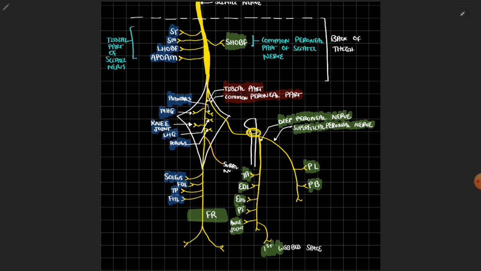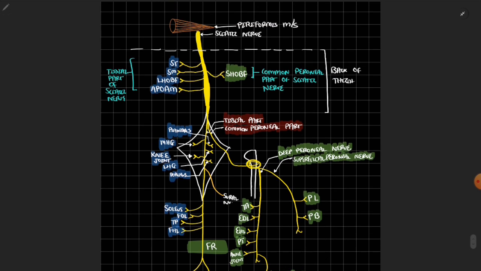So this was the diagram I was going to share, and now a summary of it. The back of the thigh is supplied by the tibial part of the sciatic nerve, except the short head of biceps femoris, which is supplied by the common peroneal part of the sciatic nerve.